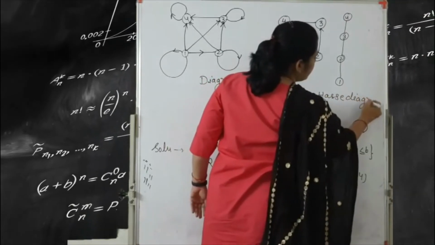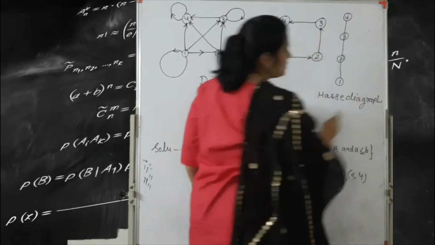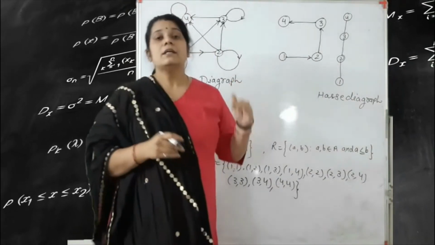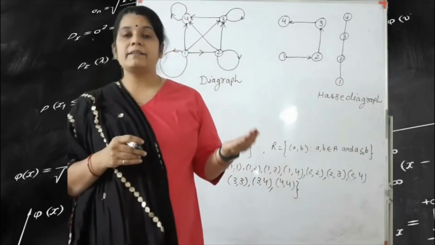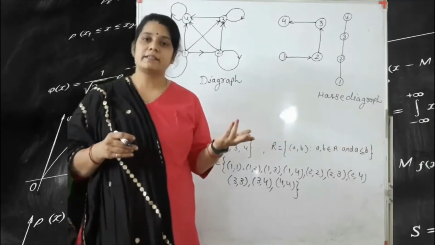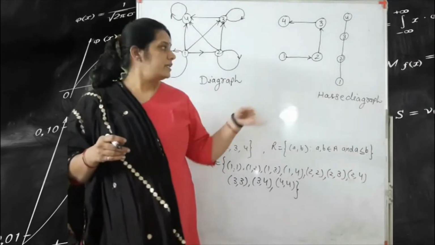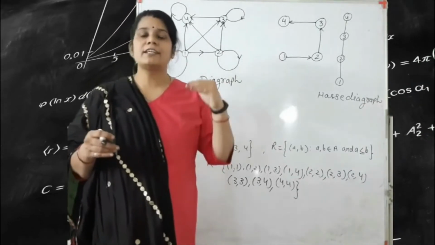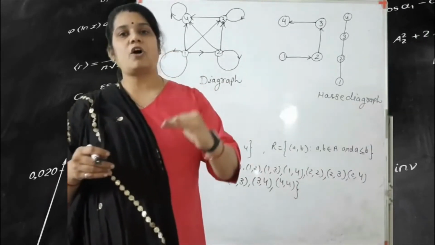The Hasse diagram is a very easy process to draw because we ignore the self loops and the arcs, or you can say the edges. The condition for drawing the Hasse diagram is that your relation is a partial order set.